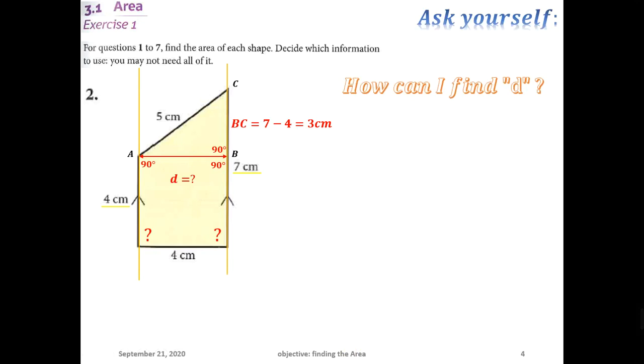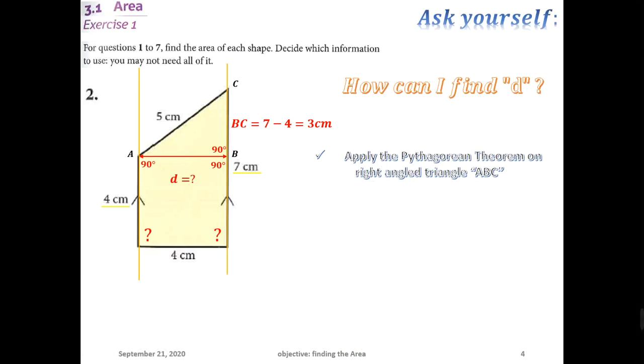Accordingly, how can I find D? We're going to apply the Pythagorean theorem on this right angle triangle, which is ABC, in order to find D. So apply the Pythagorean theorem on right angle triangle ABC.